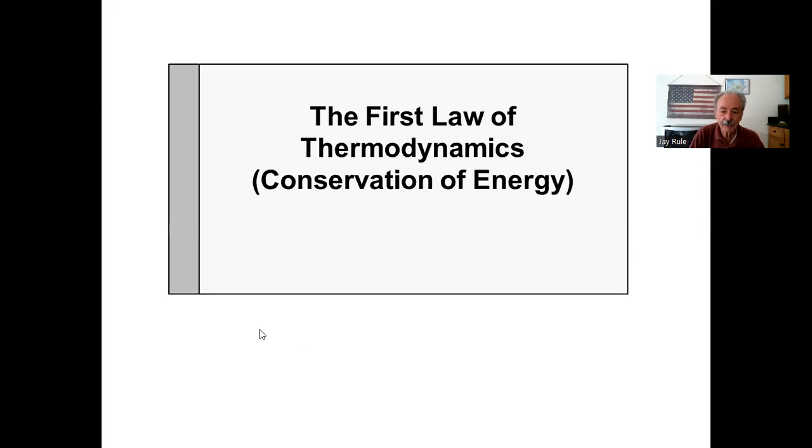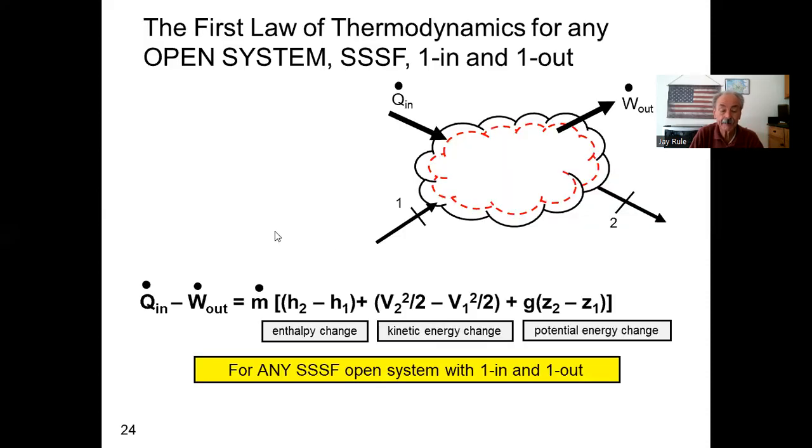Now let's finish up talking about the first law of thermodynamics for a nozzle or a diffuser. I want you to see how really easy this becomes. Here's the first law of thermodynamics for any open system, steady state, steady flow, one inlet and one outlet. This should look very familiar to you. It is my hope that you have committed this to memory.